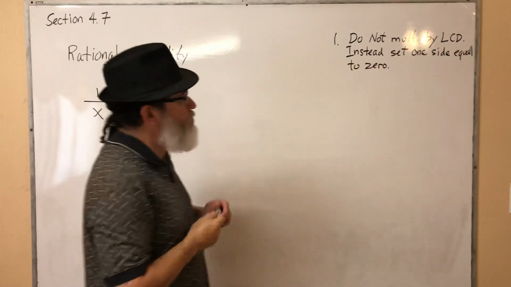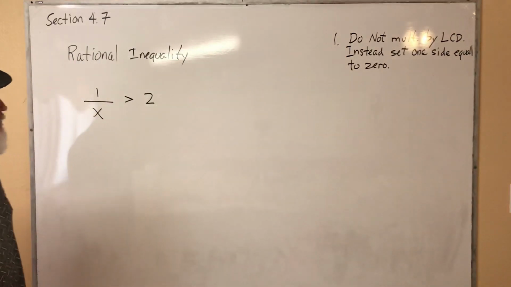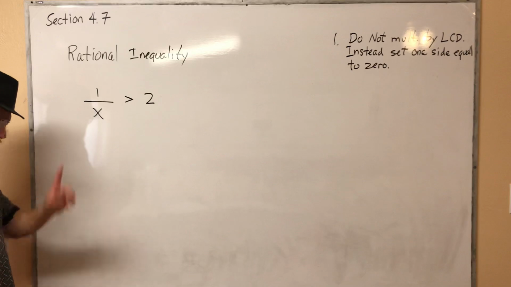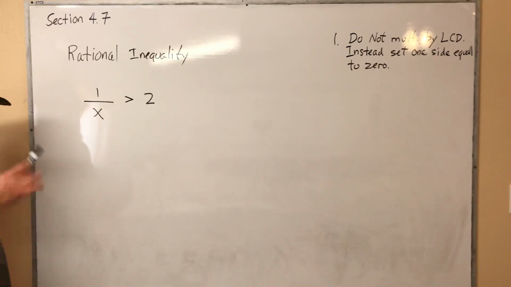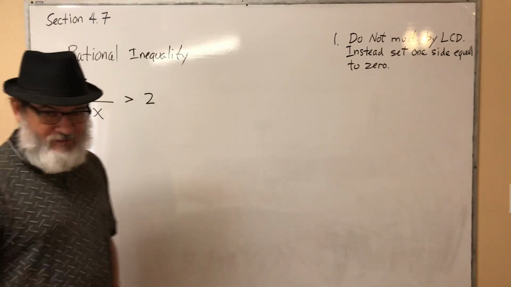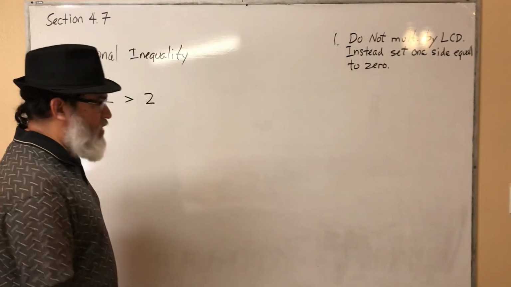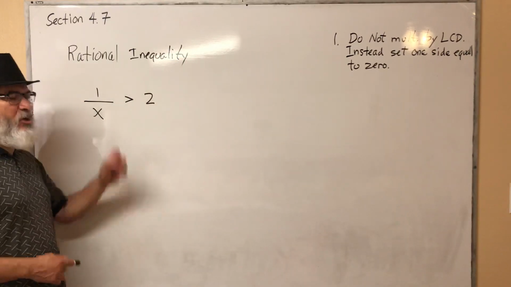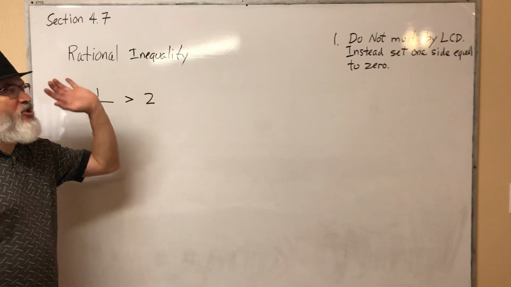There you go. So that's what we're going to do there. We're not going to multiply by the LCD. What happens is when you multiply by the LCD, sometimes you create extraneous solutions, and it becomes more complicated when you have a rational inequality. So we're going to stay away from this problem.